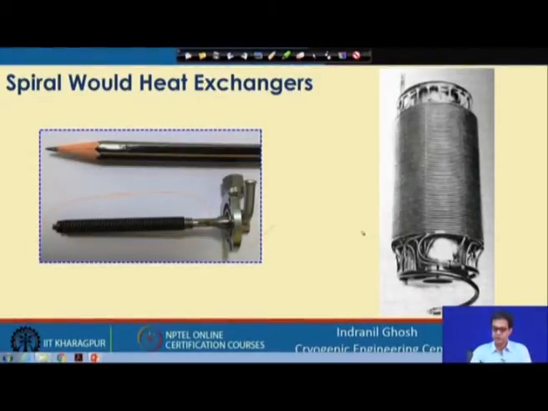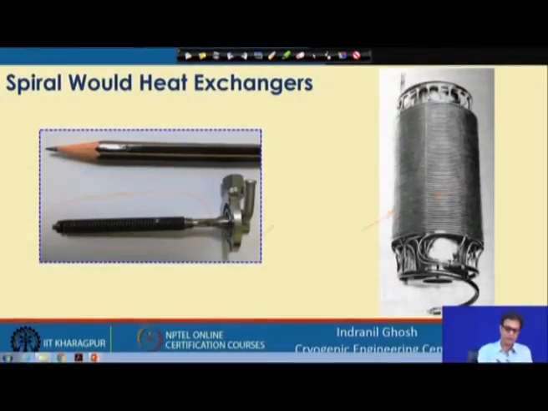This is typically a Giauque-Hampson heat exchanger. This is a spiral tube exchanger, whereas this is the Giauque-Hampson tube heat exchanger. I mean, it is a tube exchanger or tubular exchanger without any fin, whereas this particular spirally wound heat exchanger is having integral finned tube.